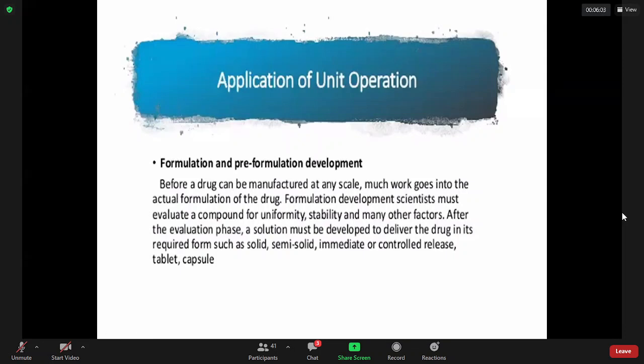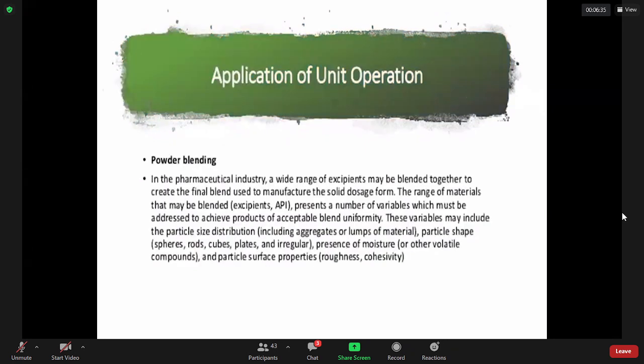So the formulation development scientists must evaluate a compound for uniformity, stability, and many other factors. During this particular time of evaluation, there are so many unit operations that come into play. So you have to make sure that you use them so that you can come up with solid or semi-solid, immediate or controlled release, tablet or capsule, whatever. There are so many that are involved.